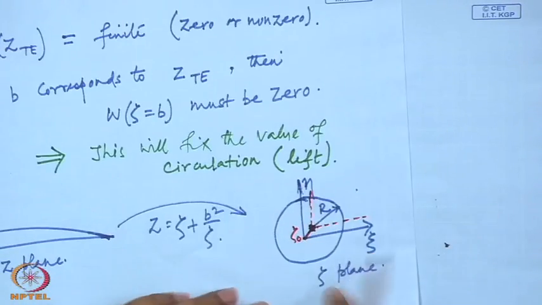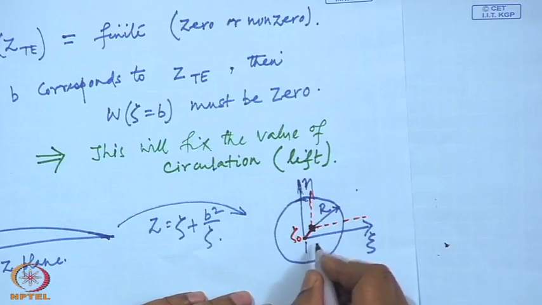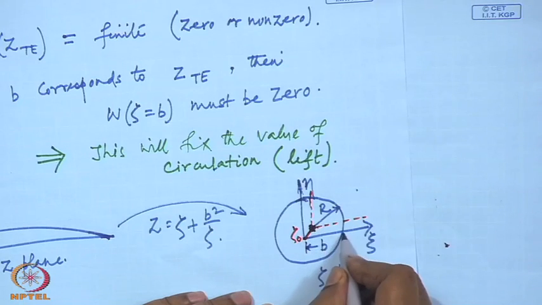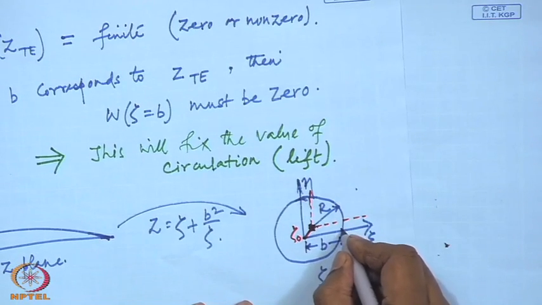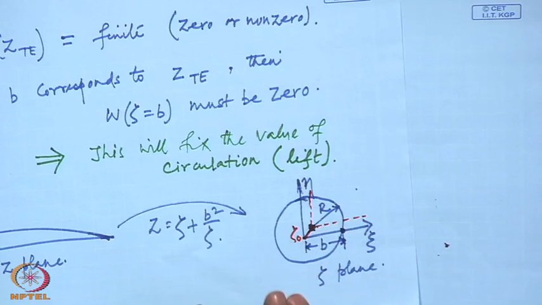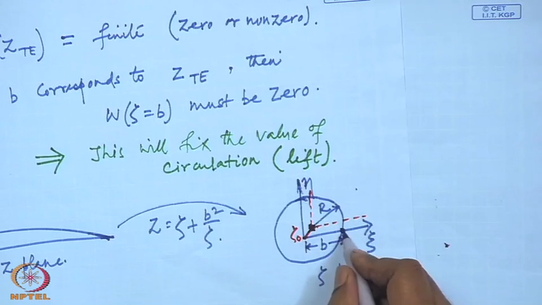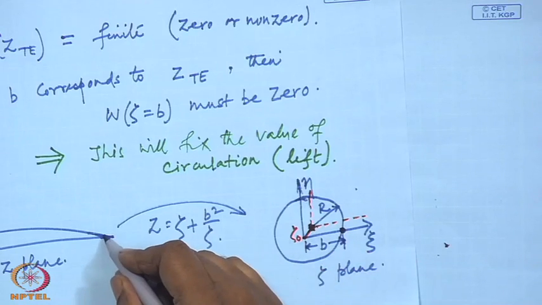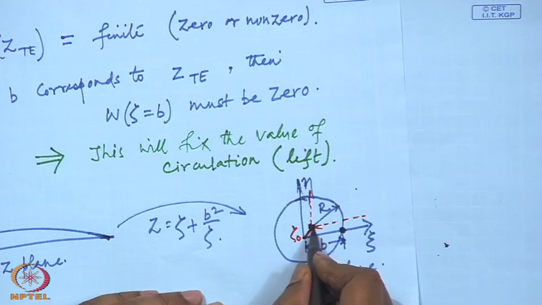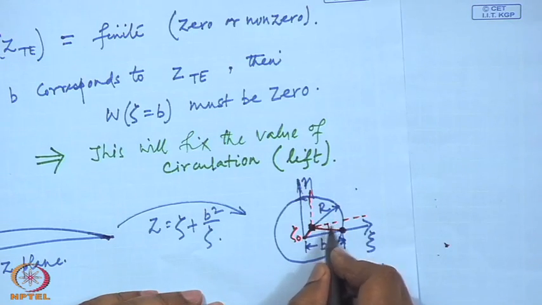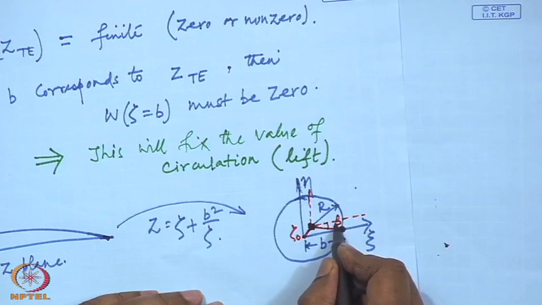First of all, this is then, and let us consider this is B. Then this point will become the critical point, and this is what will become the trailing edge point. And this angle, let us take as beta.